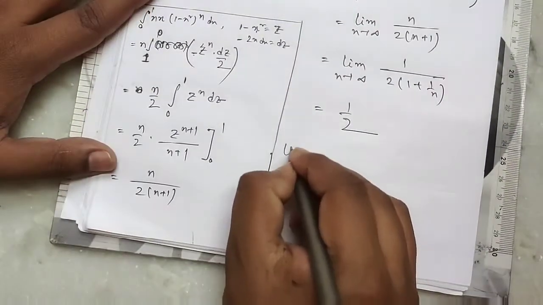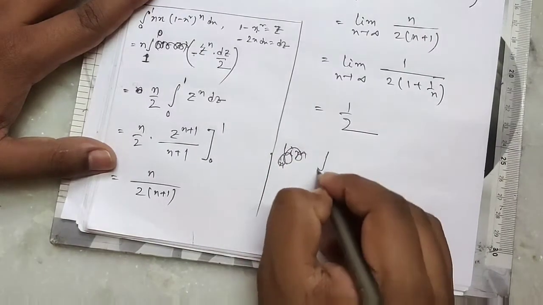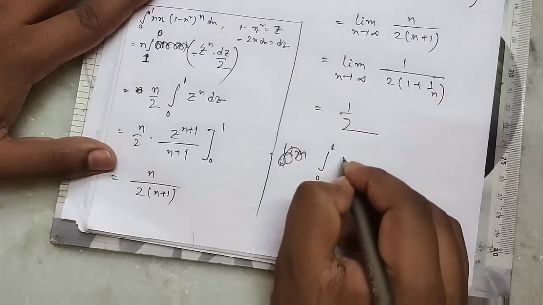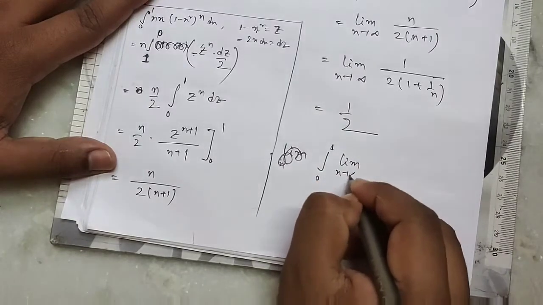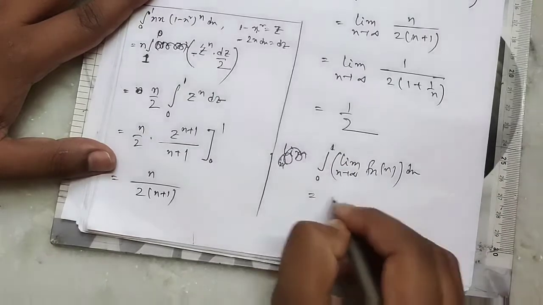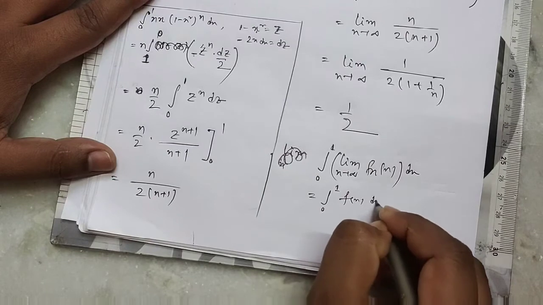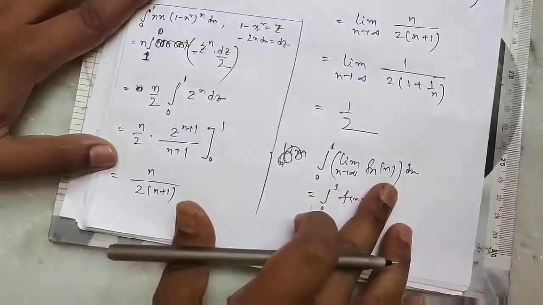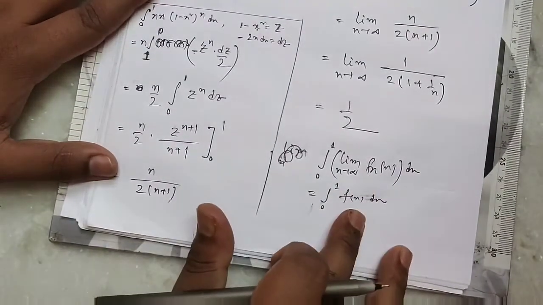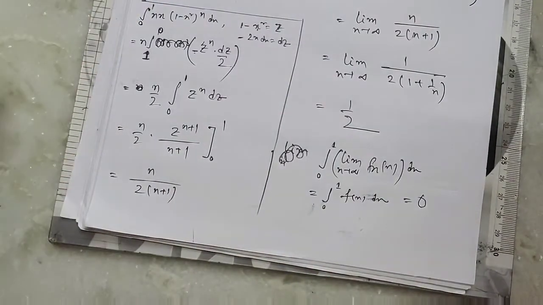But the integration from 0 to 1 of the limit as n tends to infinity of f_n(x) dx, where the limit function is f(x) equals 0, is 0.